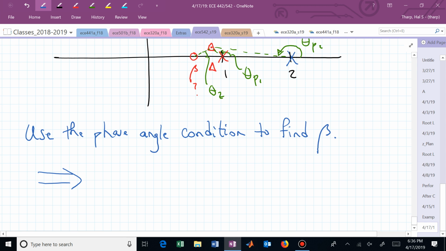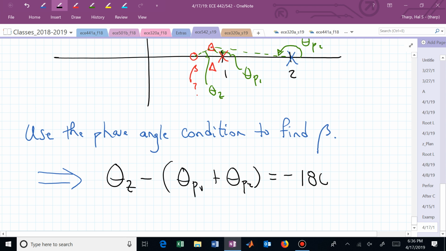I now know that the algebraic sum of my poles and zeros, their angles, has to equal minus 180. Or I now know that theta sub z minus theta P1 minus theta P sub 2 is equal to minus 180 degrees.